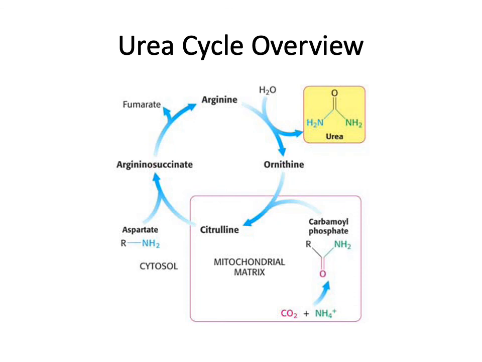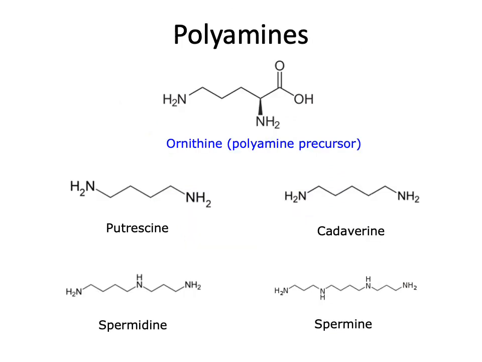I want to talk about one more group of nitrogen-containing compounds, and these are derived from the compound ornithine, which is part of the urea cycle, but it can also generate a group of compounds that we call polyamines, shown here. Again, at the top is the precursor for polyamines, ornithine.